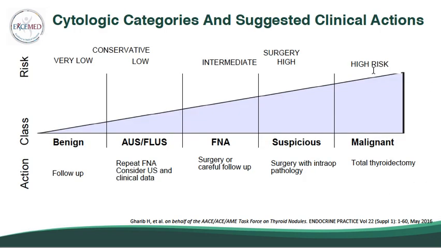So this illustration shows you the spectrum of the different classifications of your thyroid nodules. Your benign nodules will be very low risk for malignancy, and those who are malignant will be very high risk for malignancy.